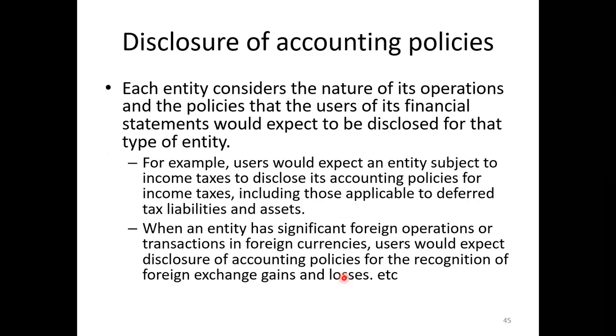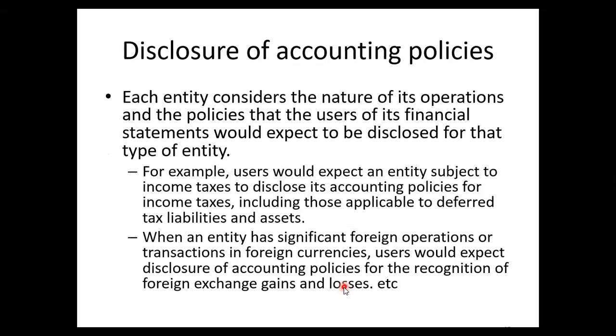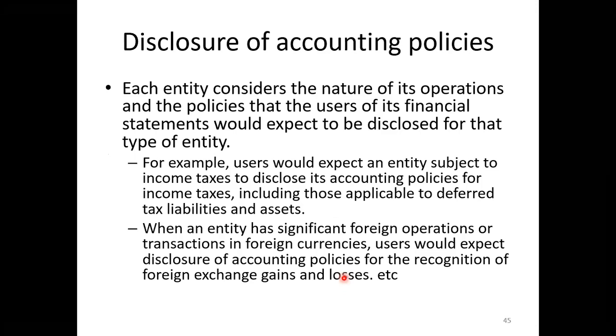Each entity considers the nature of its operations and the policies that the users of its financial statements would expect to be disclosed for that type of entity. Normally, management knows what users expect from the entity's financial statements, so they should disclose that information.